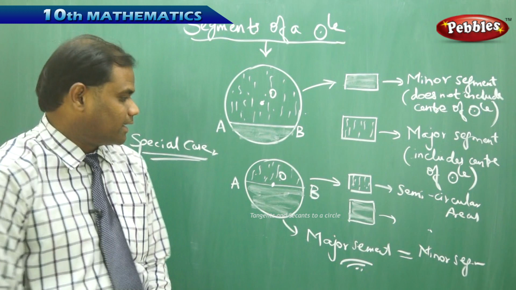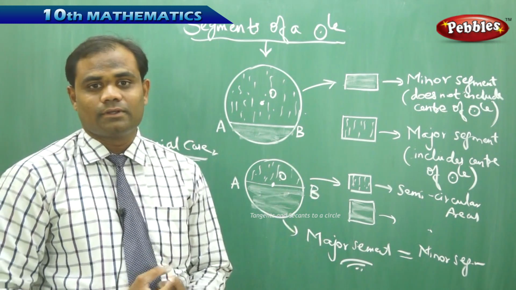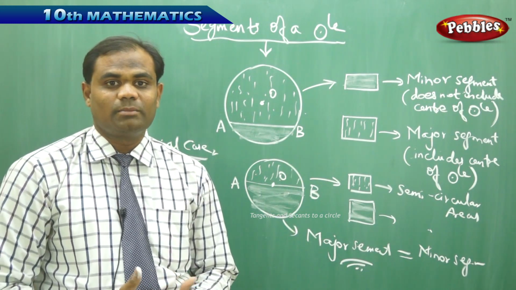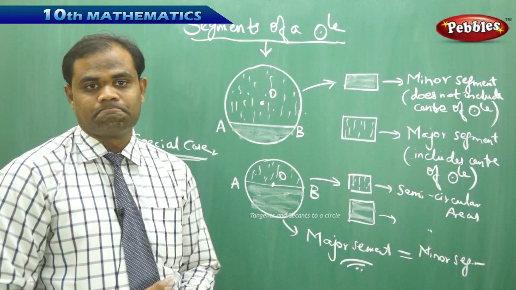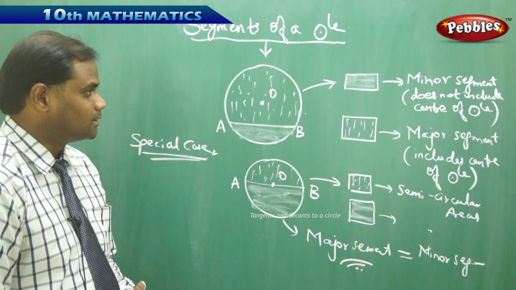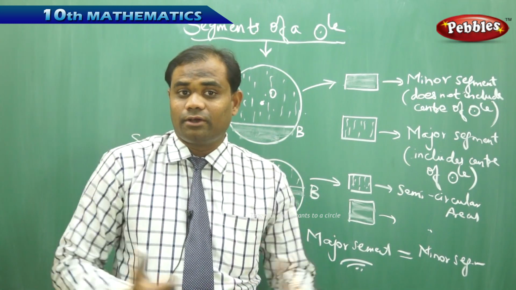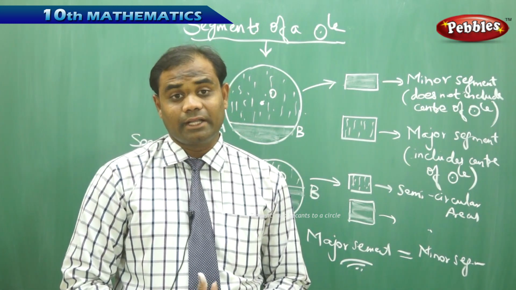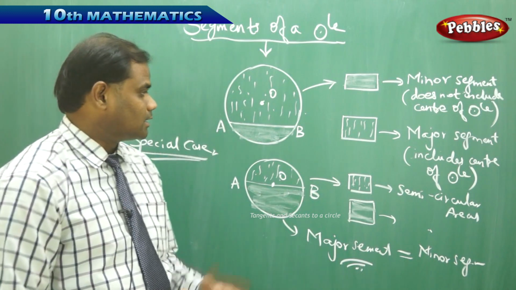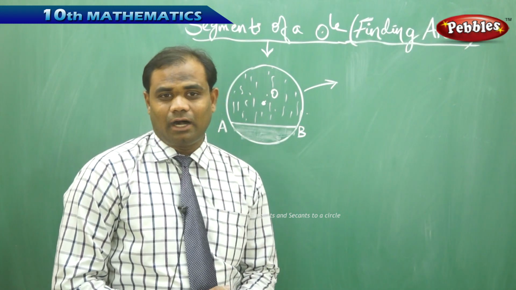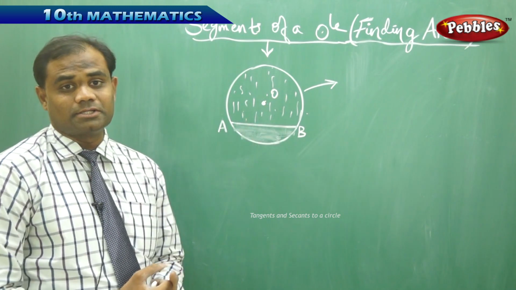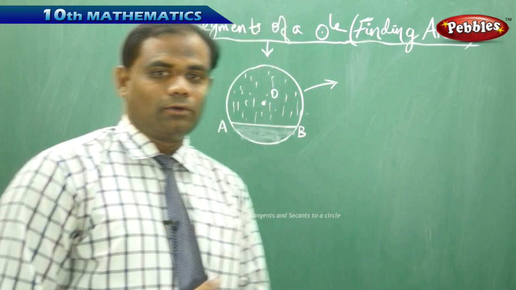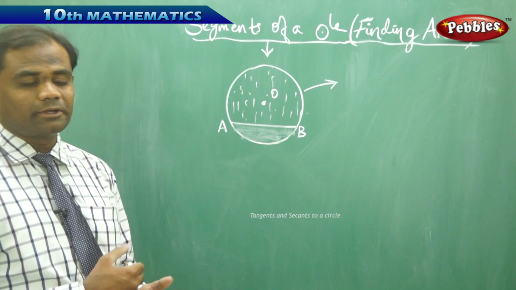So how do I find the areas of the different segments using formulae is the biggest question here. Let's see how we can find the area of the minor segment or the area of the major segment in connection with the areas of the sectors. Therefore, let's use some geometrical properties.